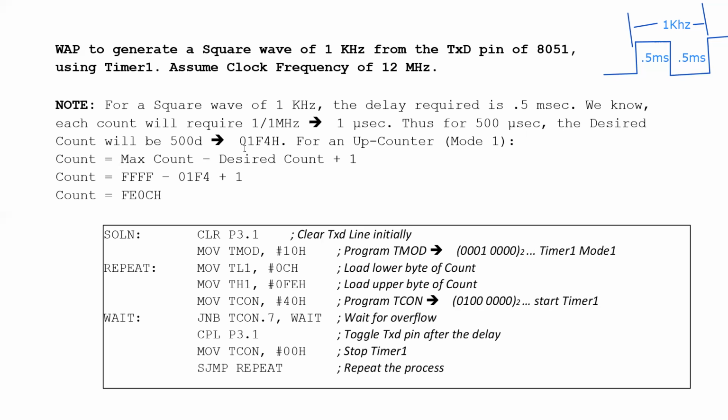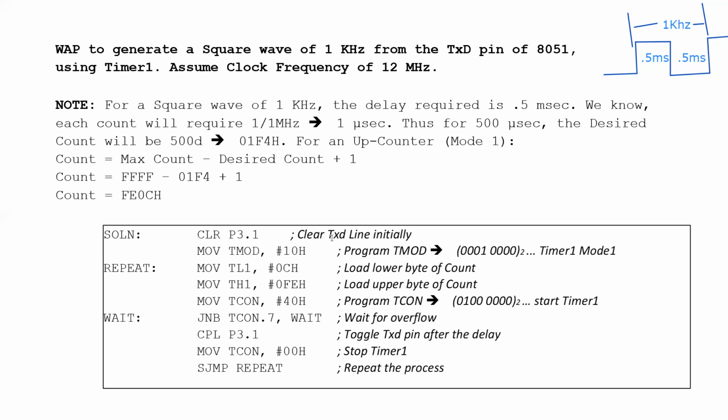So the desired count will be 01F4. For an up counter in mode 1, count is equal to maximum count minus desired count plus 1: FFFF minus 01F4 plus 1 gives FE0C hex. You will get the count FE0C hex.